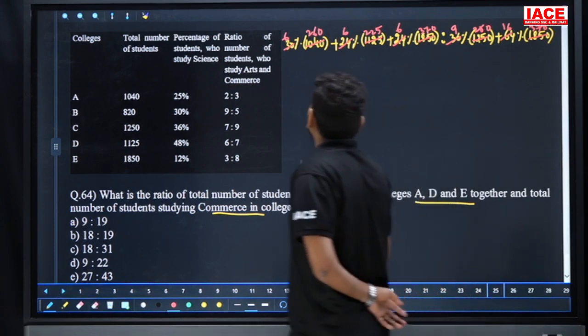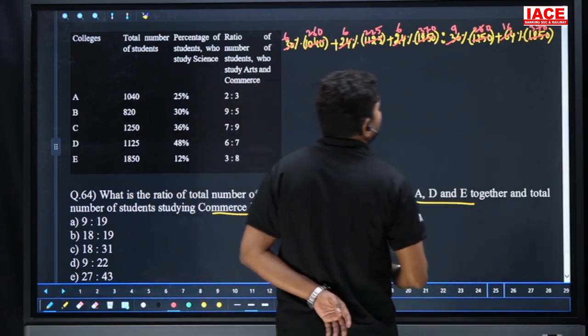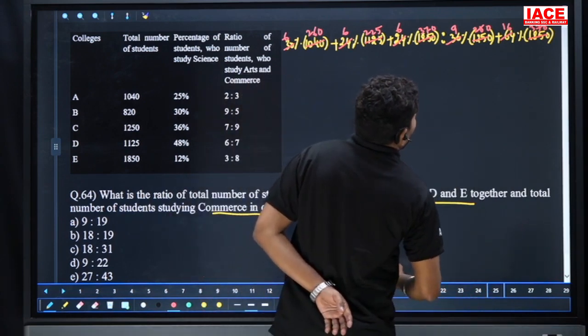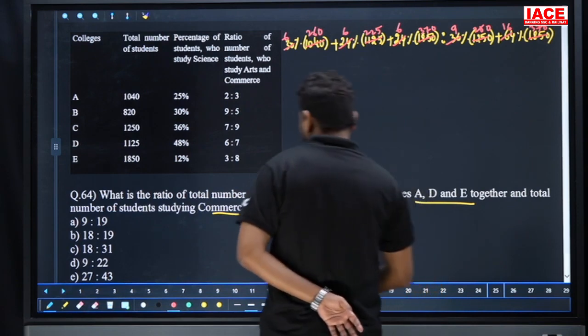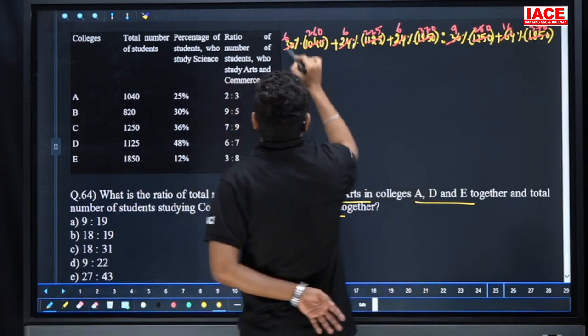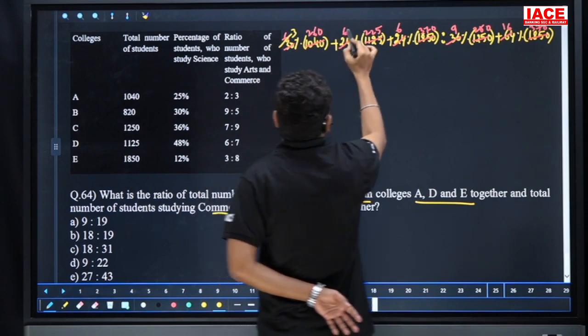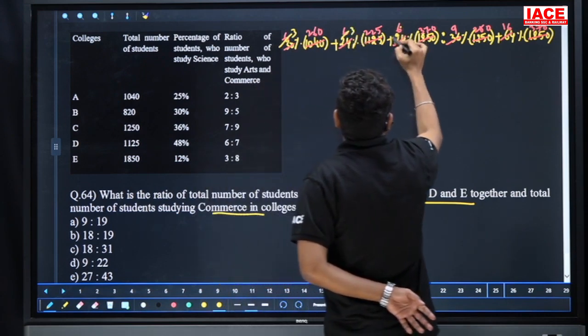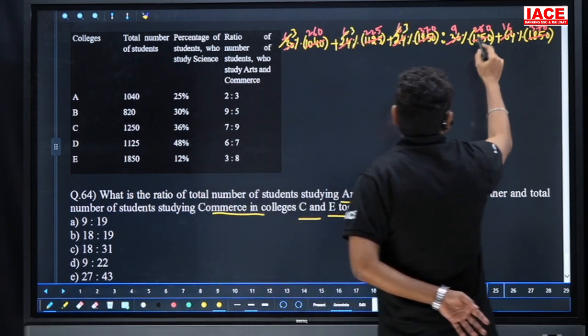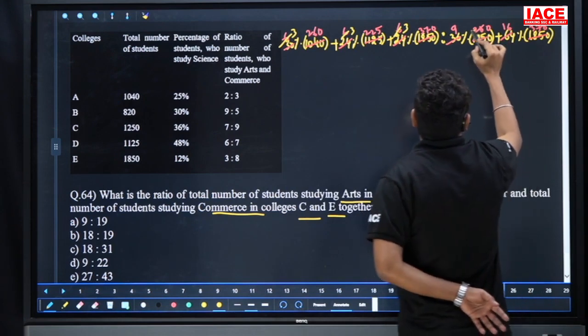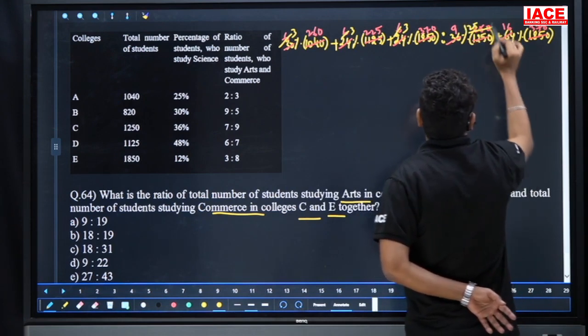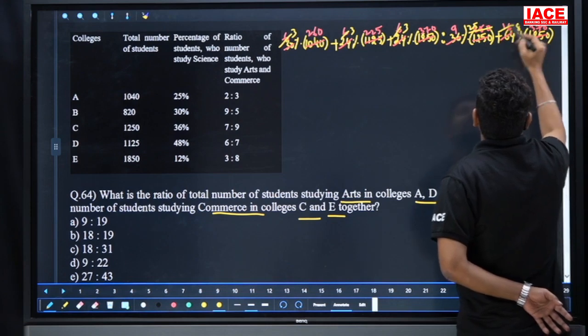And here each and every term again cancels with 2, so 2 threes are and 2 threes are and 2 threes are, and here 250 cancels with 2, it becomes 125, and here 2 eights.